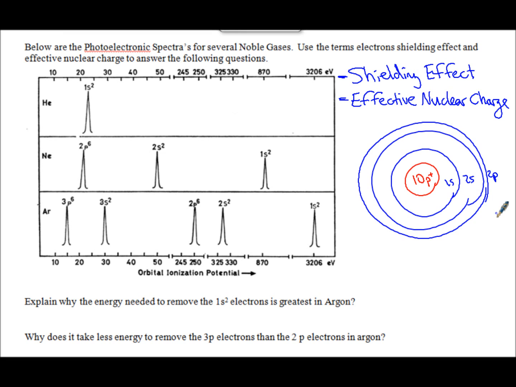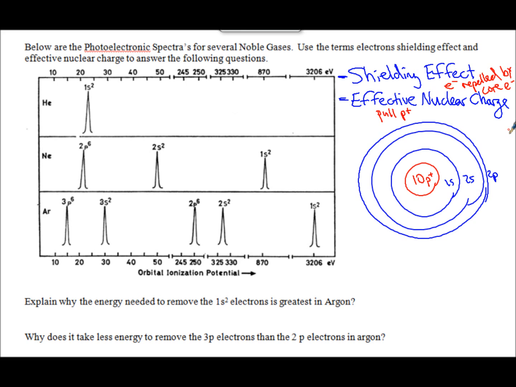Effective nuclear charge is the pull of the protons on electrons, and shielding effect is the electrons being repelled by other electrons, not just other, but core electrons.